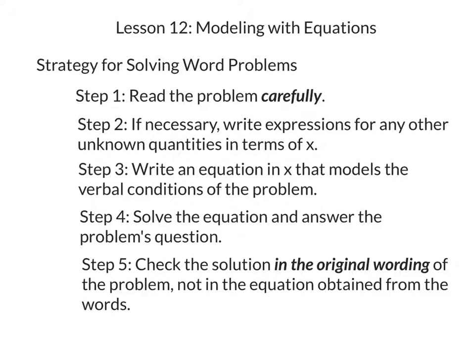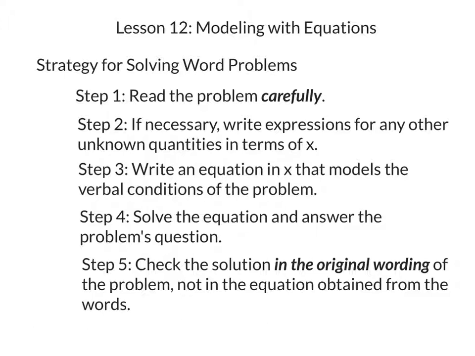So here are your 5 steps for solving word problems. Step 1, read the problem carefully, several times if necessary. Step 2, if necessary, write expressions for any other unknown quantities in terms of x. Step 3, write an equation in x that models the verbal conditions of the problem.